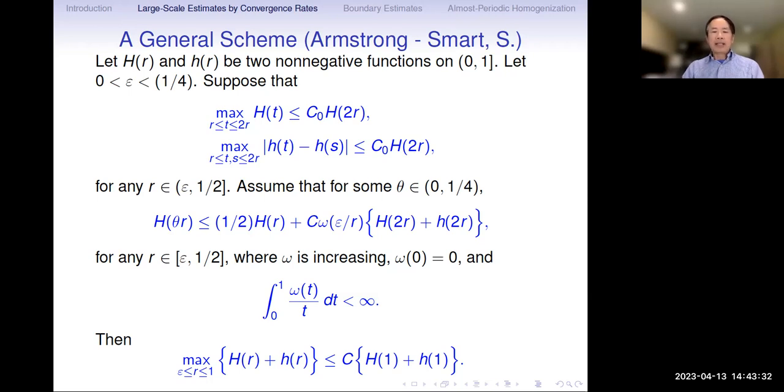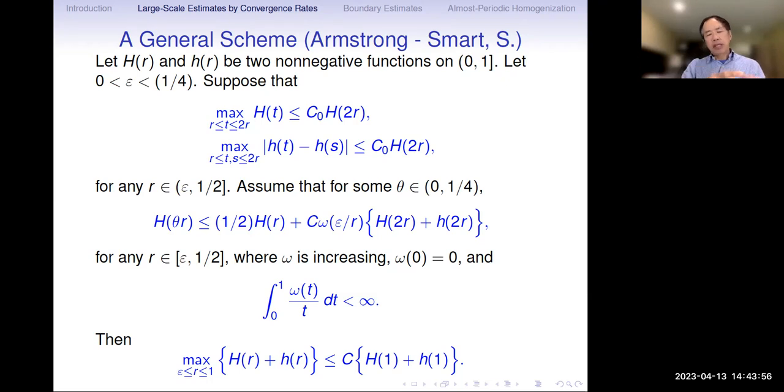I think it's the most general form we can have here. So I have two non-negative functions, H of r and little h of r, on the interval from 0 to 1. Okay, and assuming these two functions satisfy certain properties.